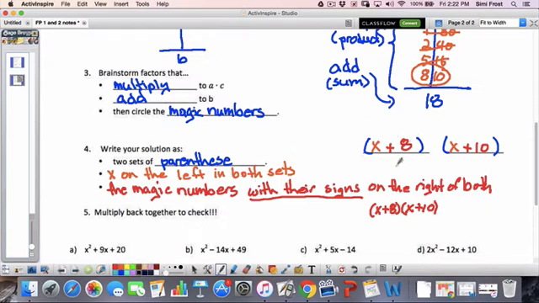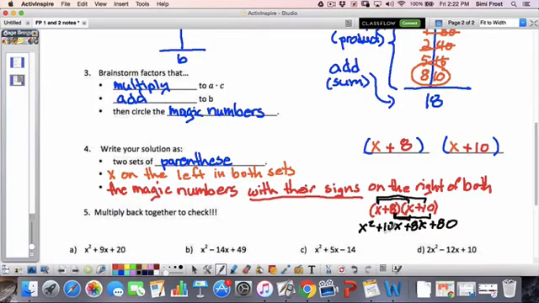So let's go ahead and do that. I'm going to multiply my x times my x, and I get x squared. Then I'm going to multiply my x times my 10, positive 10x. Then 8 times x, plus 8x, and then 8 times 10 is 80.